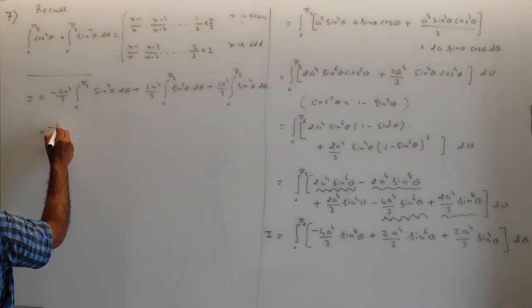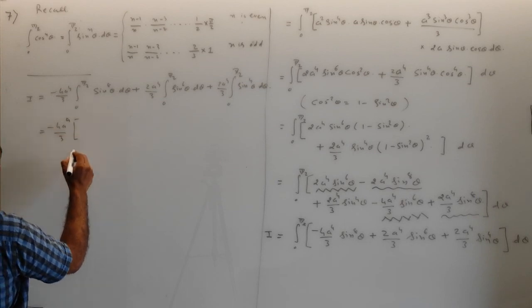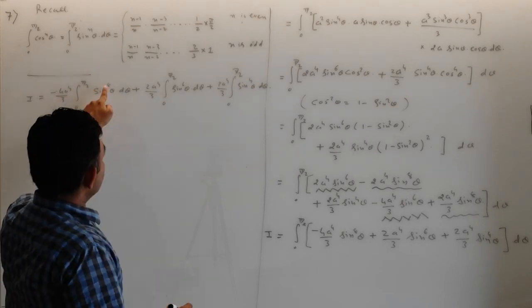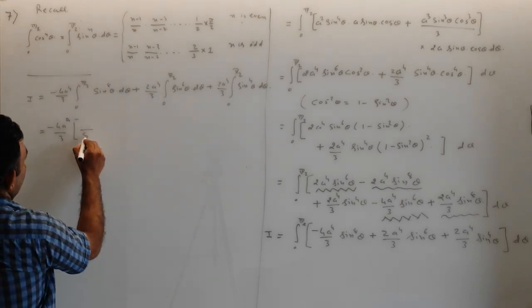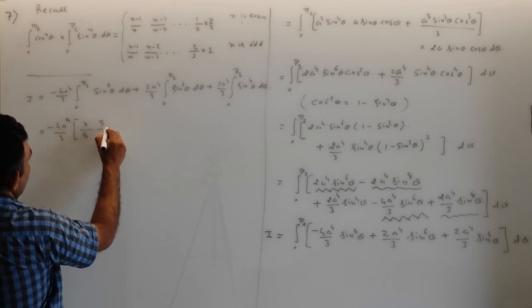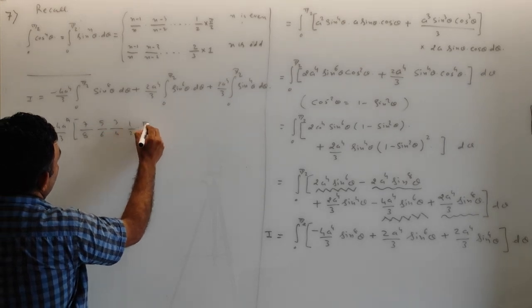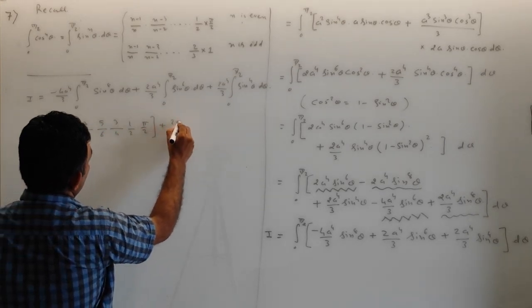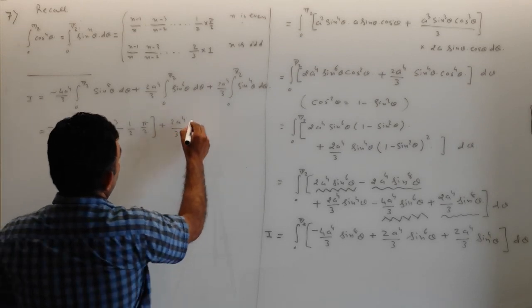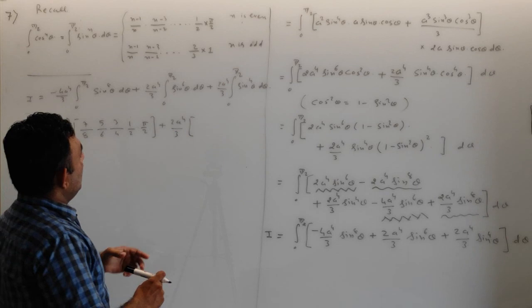So it is minus 4a raised to 4 by 3, and you apply this reduction formula. Here 8 is even, so here what I have, 8, 7, 6, 5, 4, 3, 2, 1 into pi by 2, plus 2a raised to 4 by 3, and here what I have, 6.